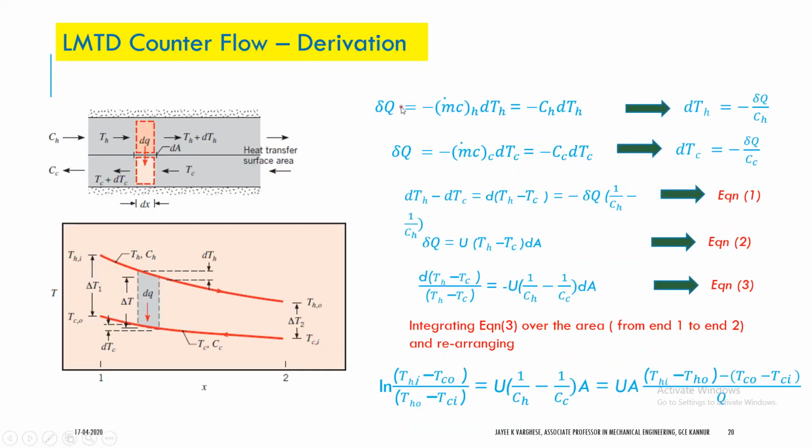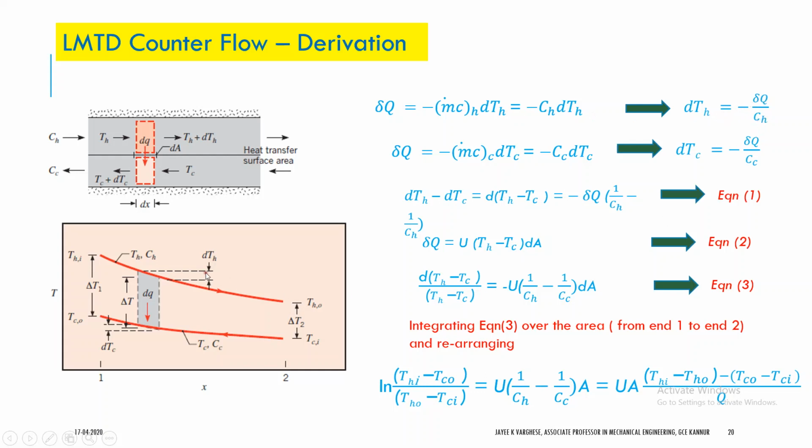By following dq for a counterflow heat exchanger, delta q can be written as minus m dot c into c. I took this together as a single term, and the subscript is common for both. So delta q is equal to m dot h into ch into dth, which is equal to minus ch dth, or dth is written as minus delta q divided by ch.